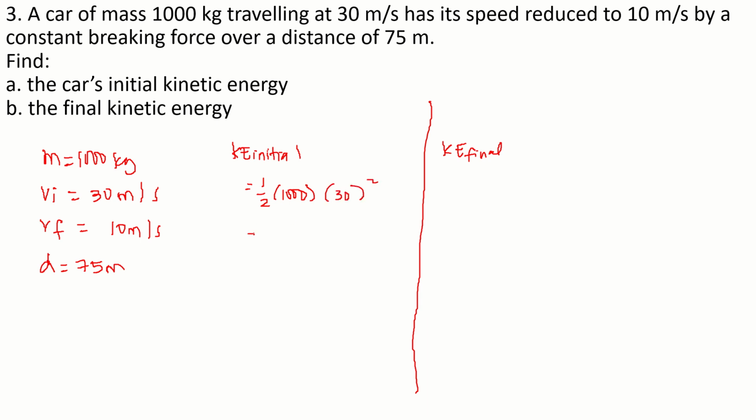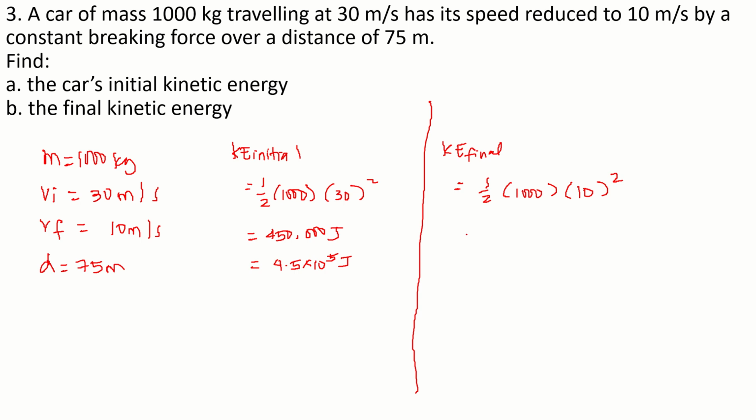Okay, so you'll be getting here 450,000 joules. Or if we're going to use scientific notation, 4.5 times 10 raised to 5 joules. So here, you have 1/2, again, times 1,000 times 10 meters per second squared.